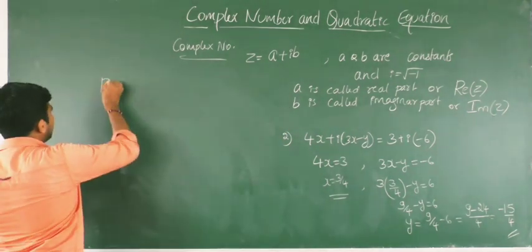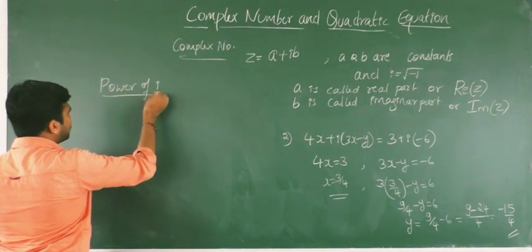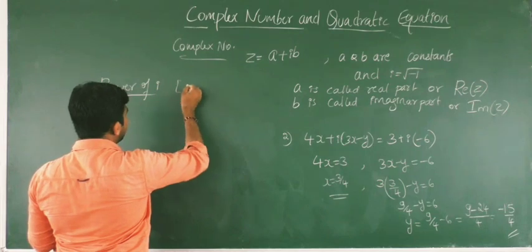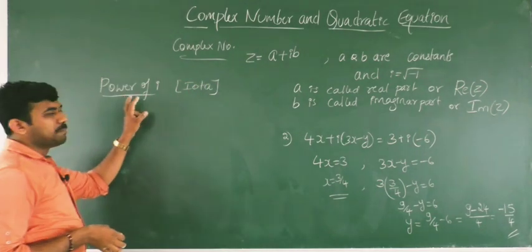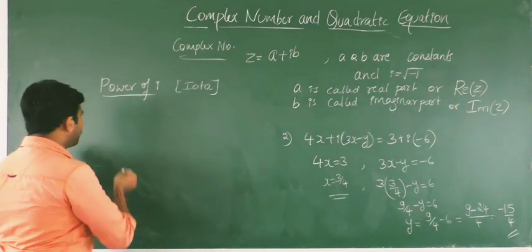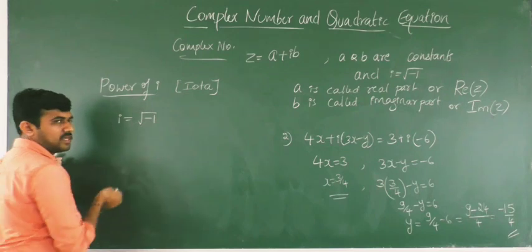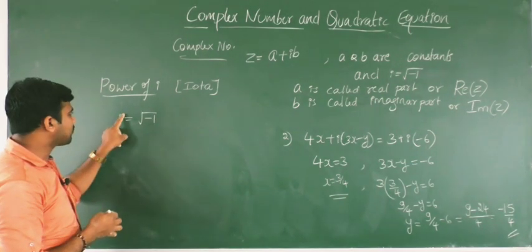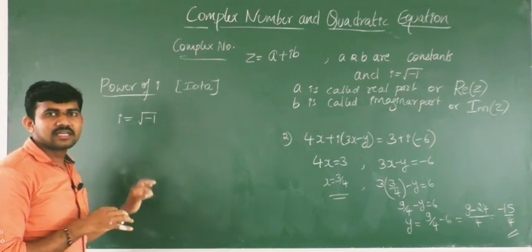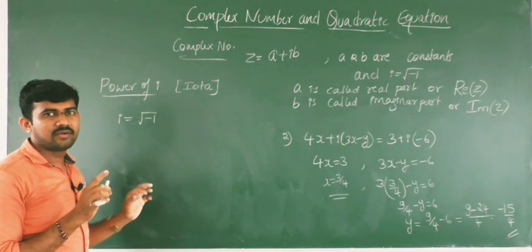The powers of i, or we can say powers of iota. We know the value of i is square root of minus 1. If we increase the powers of i, we consider the positive integral powers of i, not negative.